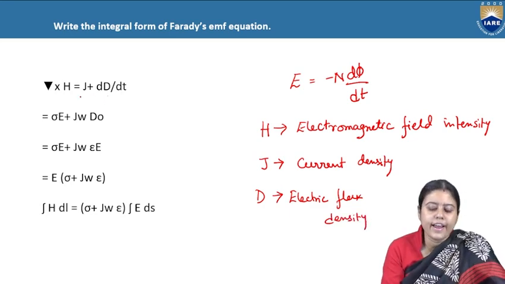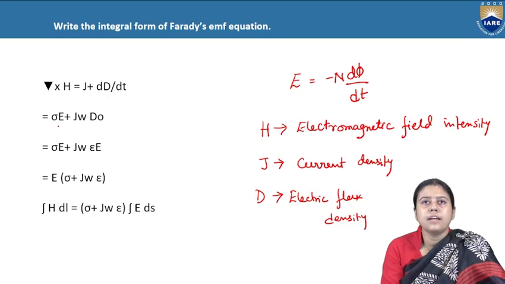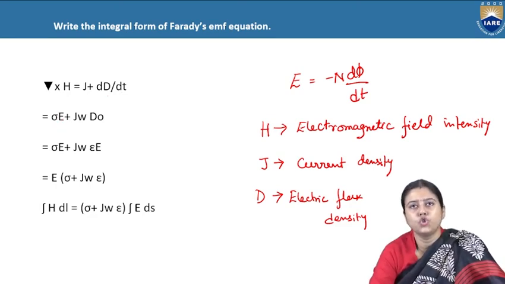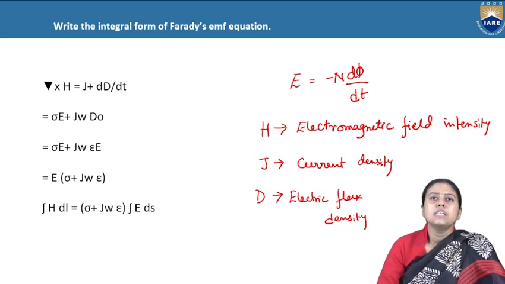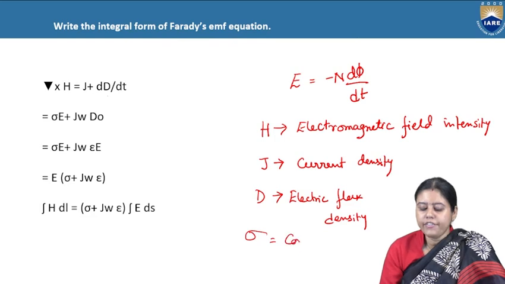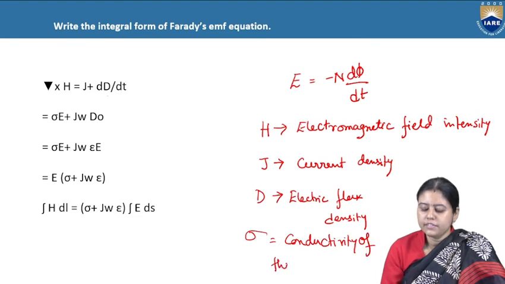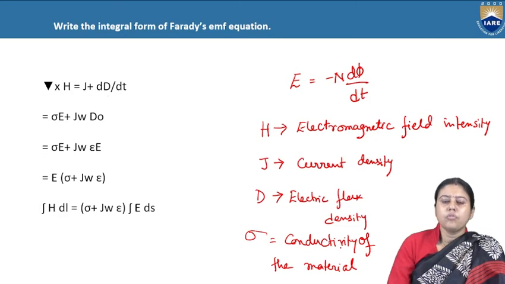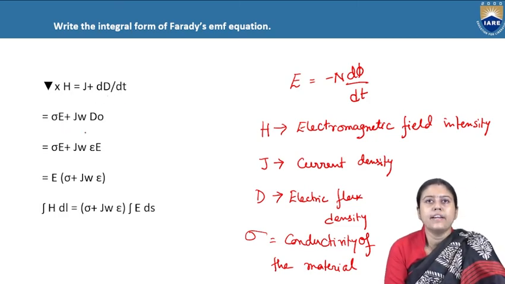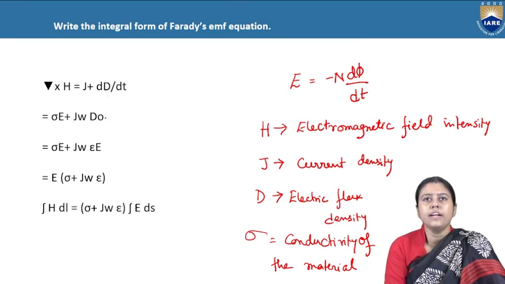So we can write J is equal to sigma into E. Already we have discussed these things in unit 2. So what is sigma? Sigma is nothing but the conductivity of the material. So we got sigma into E plus, we can write dD by dt is equal to j omega D naught.